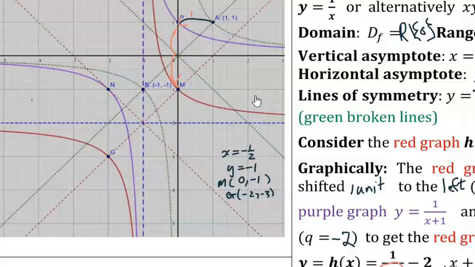The same with this point. 1 unit to the left and 2 units down. And if I look at my vertical asymptote here, this is the line x equal to -1, and my horizontal asymptote is y equal to -2.